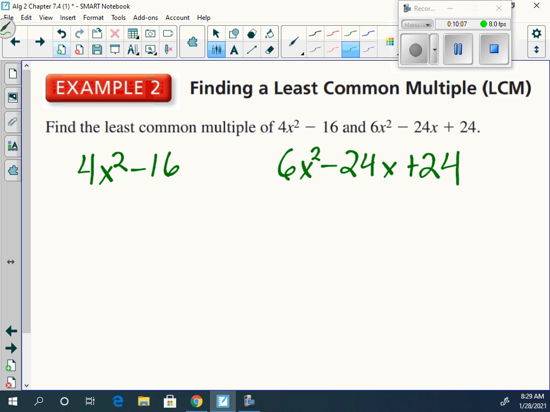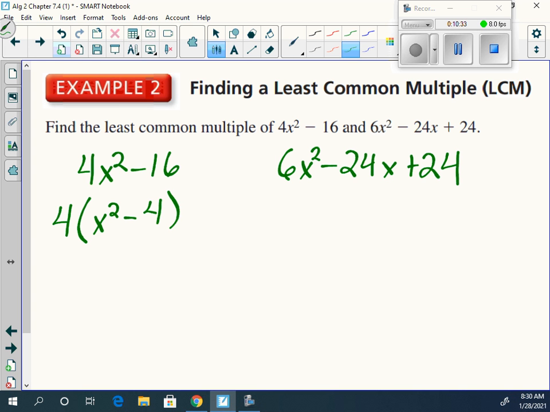Now, if I look at 4x squared minus 16, what can we do? It is a difference of perfect squares, but there's also something else there. There is a greatest common factor of 4. I want to pull that out first. Because if we factor 4 out, I'm left with x squared minus 4.